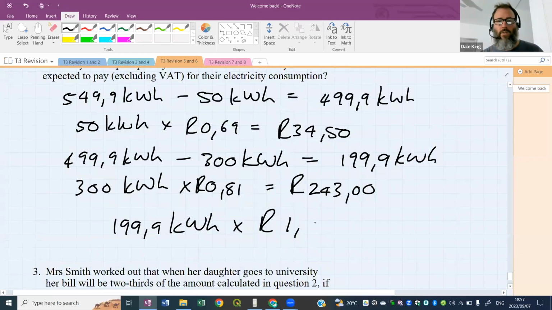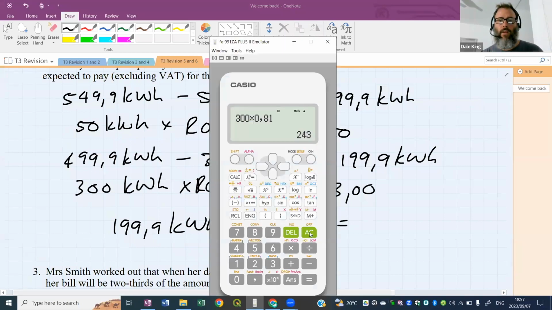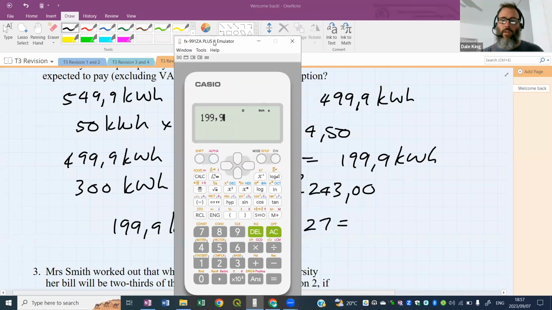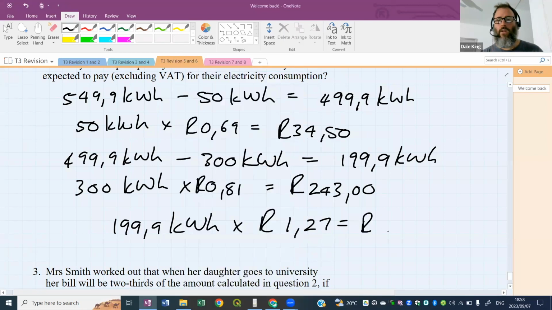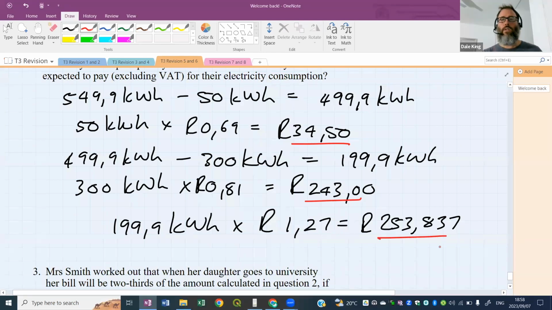So the last remaining kilowatts are charged at 1 rand 27. 199.9 times 1.27 is 253.873. And then we add these totals up. I'm not going to do it now, but we will add those three totals up to get the final answer.